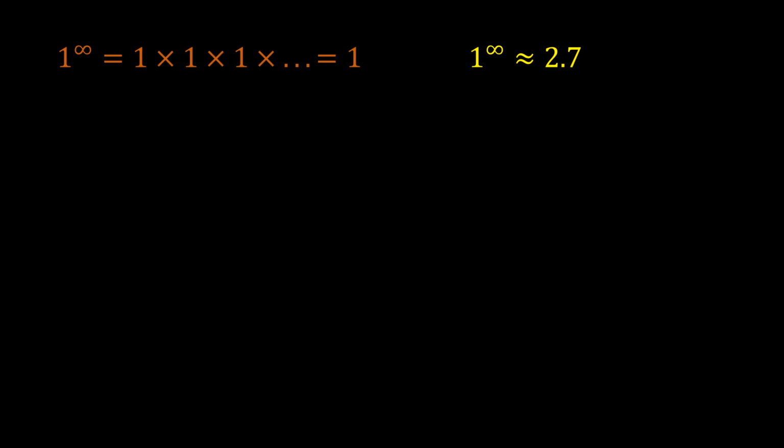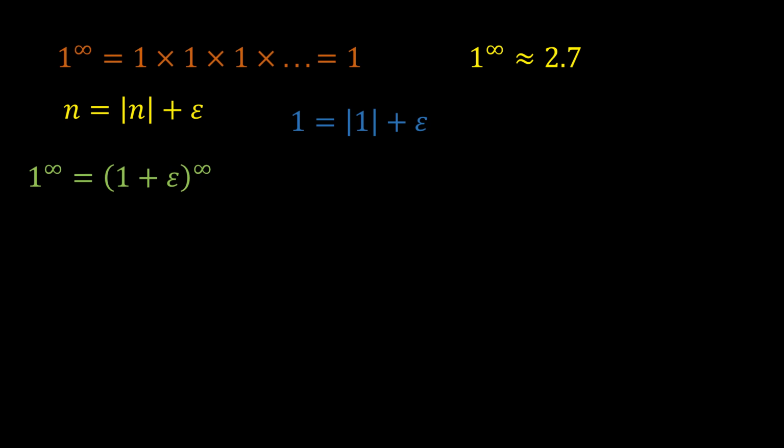Let me derive the same result using what I have been showing you so far. In the last video, we saw that every number n is equal to the magnitude of n plus some uncertainty term epsilon. So if n is equal to 1, we have 1 equal to the magnitude of 1 plus epsilon. 1 to the infinity is therefore written as follows. Using binomial expansion, this can be expanded as follows.